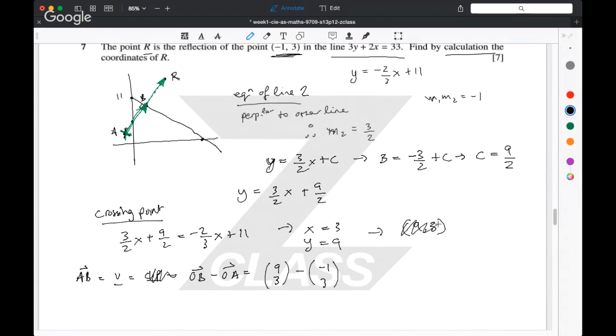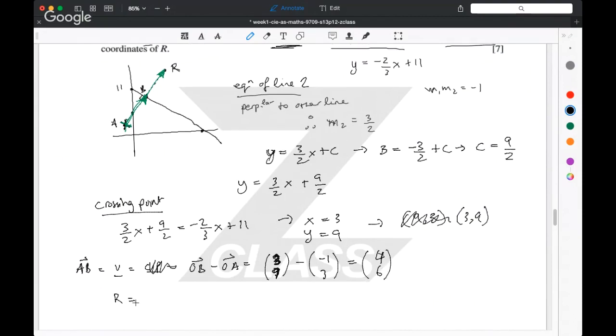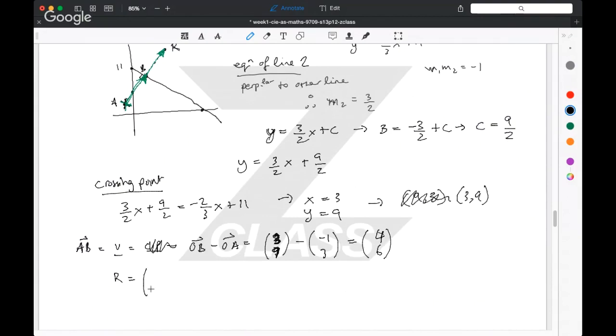Oops, I wrote that the wrong way around. That's 3, 9, apologies. So that's 3 and that's 9. Okay, so this vector AB is 4, 6. And therefore our point R is going to be equal to the crossing point, which is 3, 9, plus another copy of that vector, 4, 6, which is 7, 15.